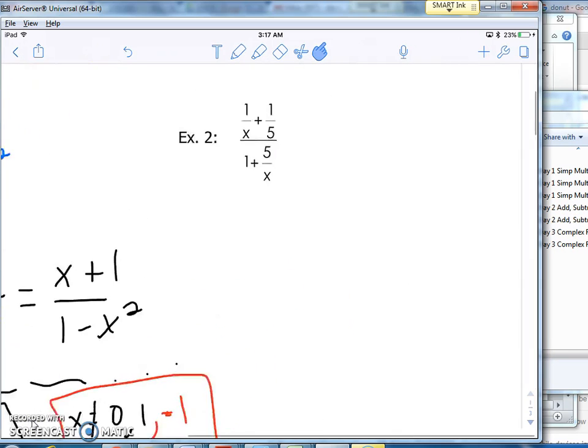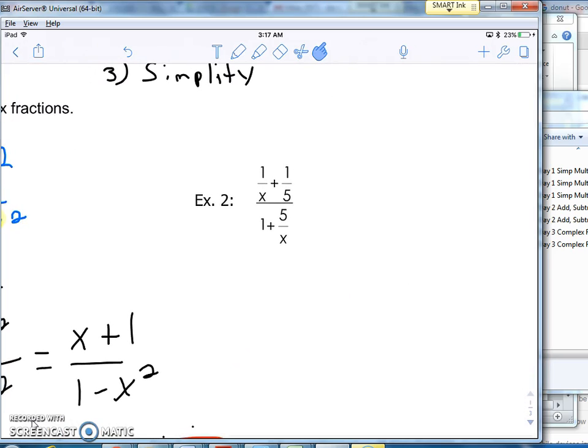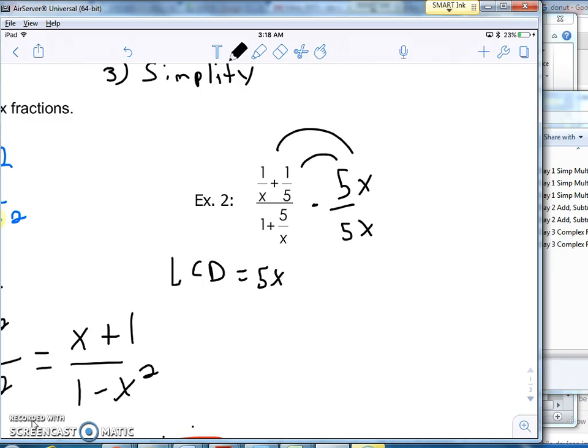All right, let's look at example 2. So here our LCD is the unique factors of the denominators. We have a factor of x and we have a factor of 5. So our LCD is 5x. I'm going to multiply top and bottom by 5x. When I distribute this, all the denominators will reduce out.